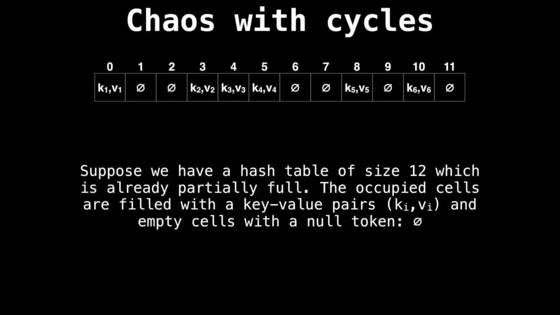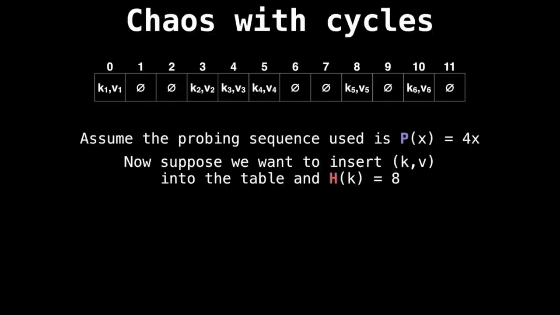Alright, so let's have a look at an example. Right here I have a hash table, using open addressing, and it's got some key value pairs already inserted. Assume that the circle with the bar through it is the null token. Further assume that we're using the probing sequence p of x equals 4x.